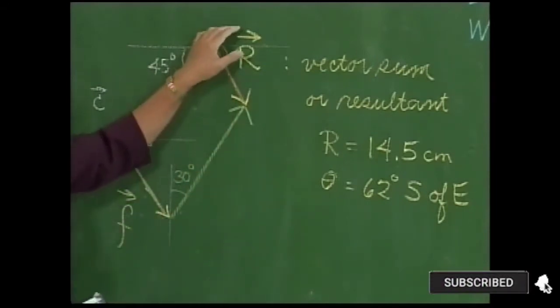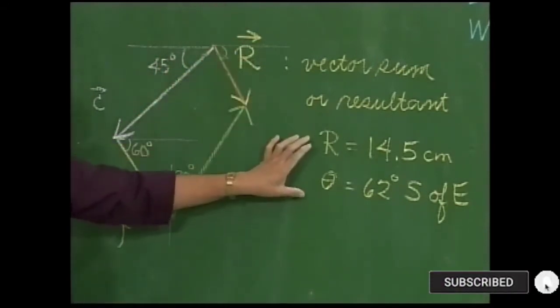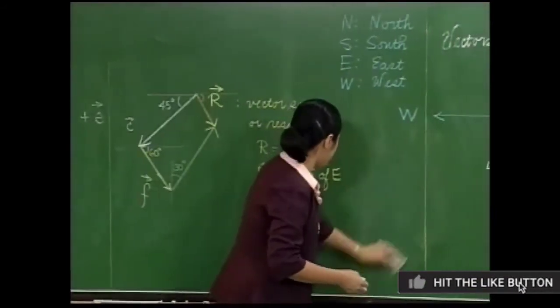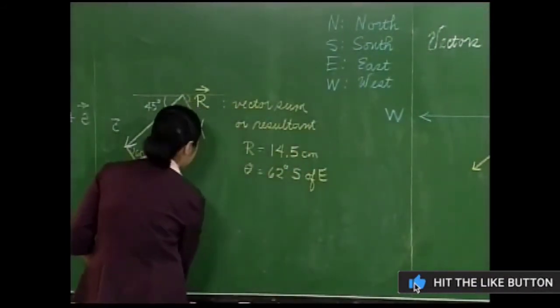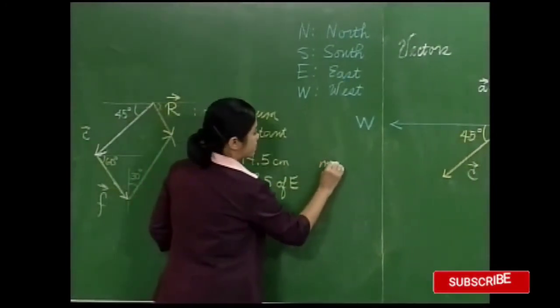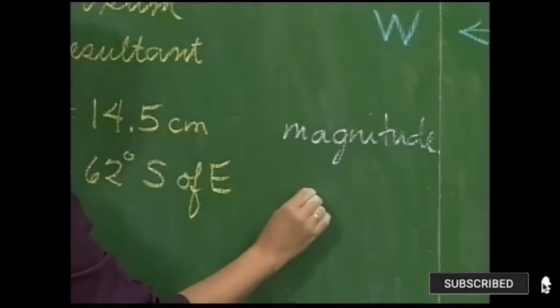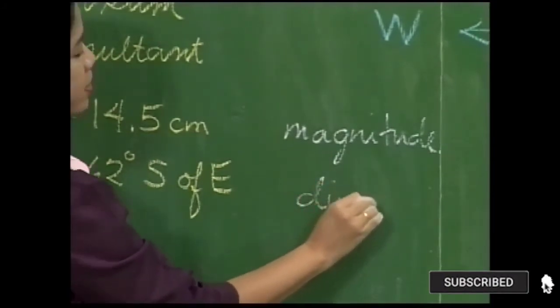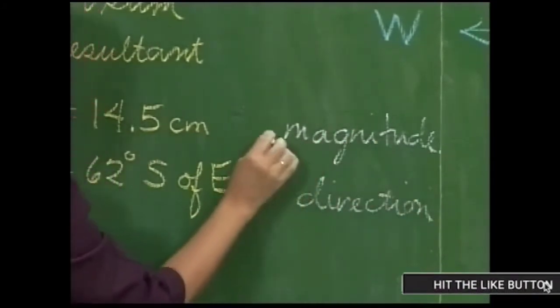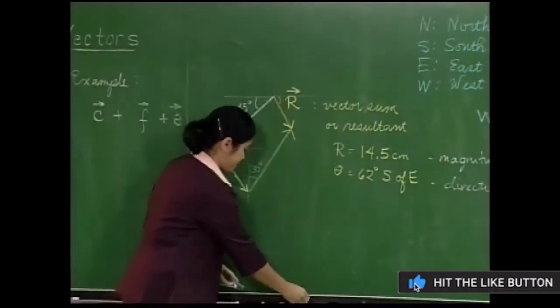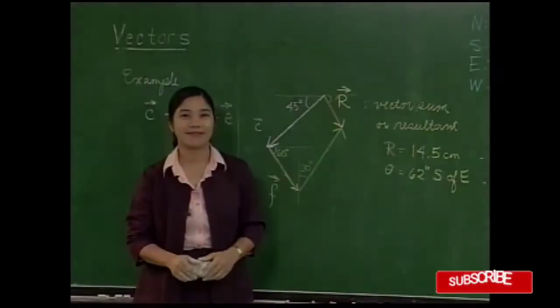Once I put the arrow, it is a vector, then I also have to have the direction. So this is now the magnitude and this is the direction of the vector. Okay?